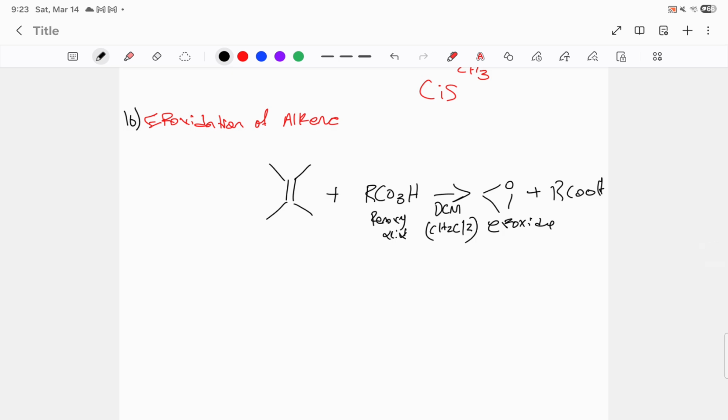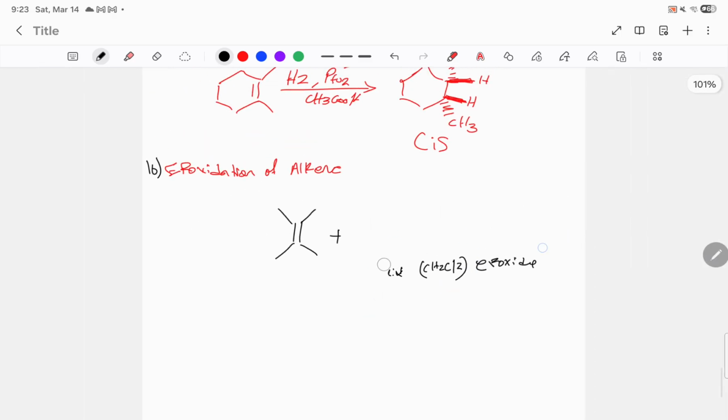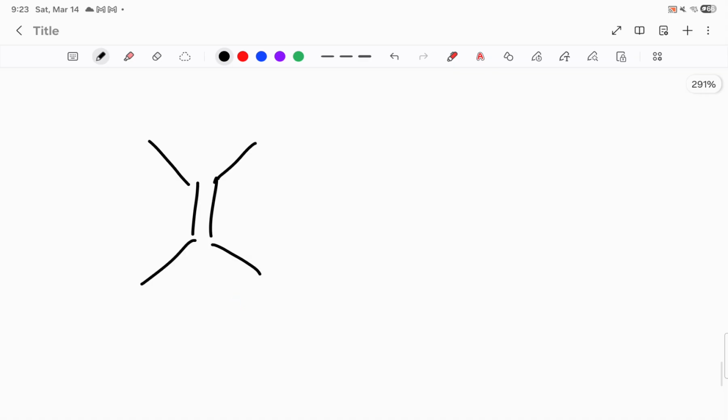So the general mechanism looks something like this. Now, mind you, it is a little bit complicated, so I do warn you. But this is the kind of general mechanism. Okay, so we have our alkene, and let's draw our little peroxo bond.